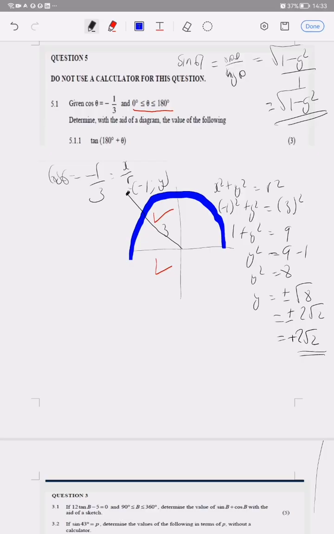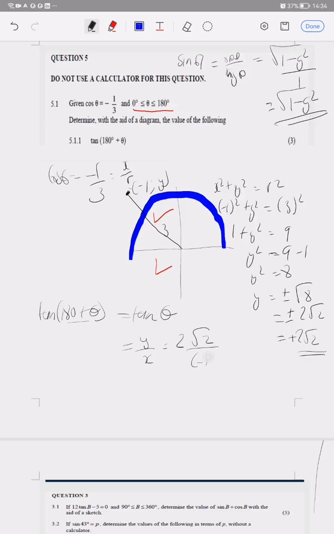Okay, now they want us to find tan of 180 plus theta. Well, this one is simple. We know 180 plus theta is in the third quadrant, and tan is positive. It's just tan of theta. And we know tan theta is just y over x. So I'm going to have 2 root 2 over, what is my x?